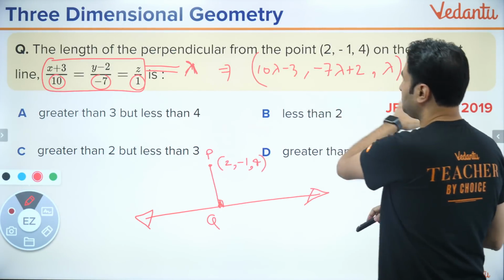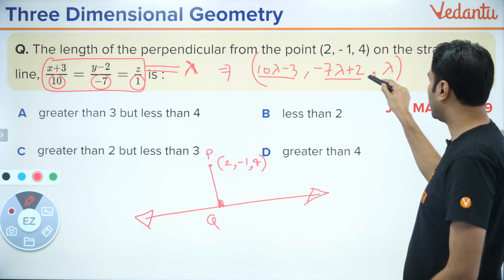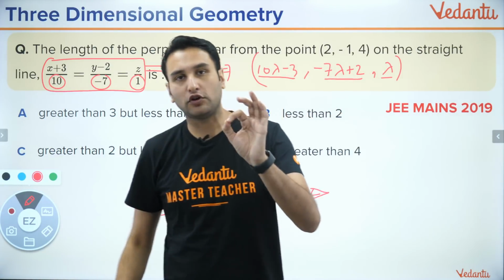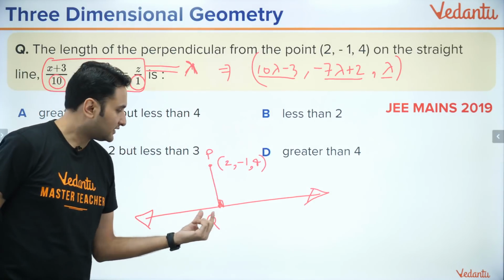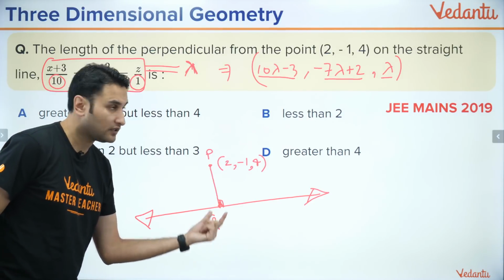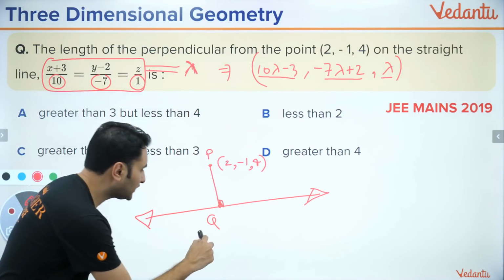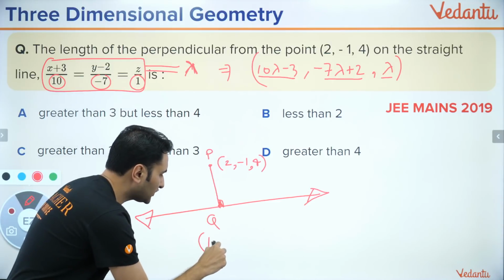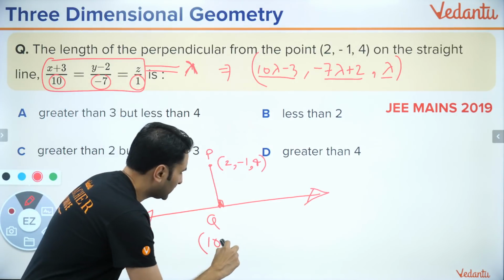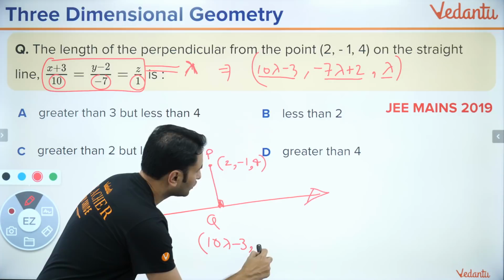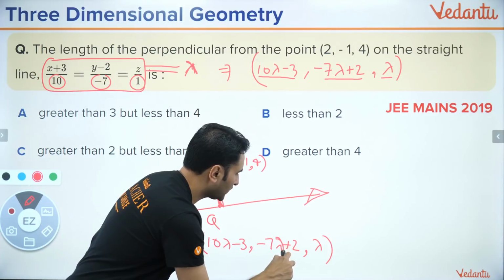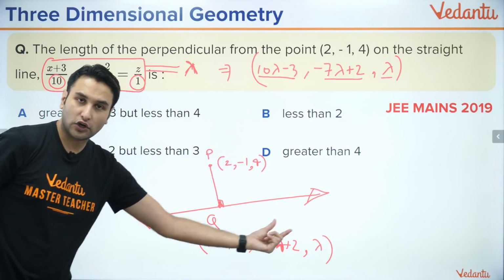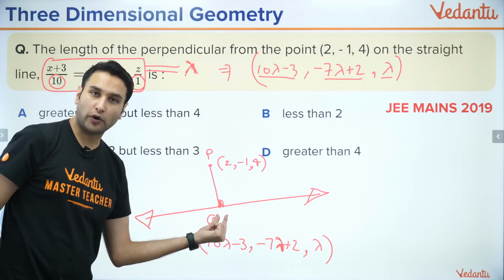This is any point on the line. For a particular value of lambda, it can be any point on the line. Say the point Q on the line can be written like this, for some particular value of lambda. तो ये क्या हो गया? This is a point on the line. Say that point is Q.